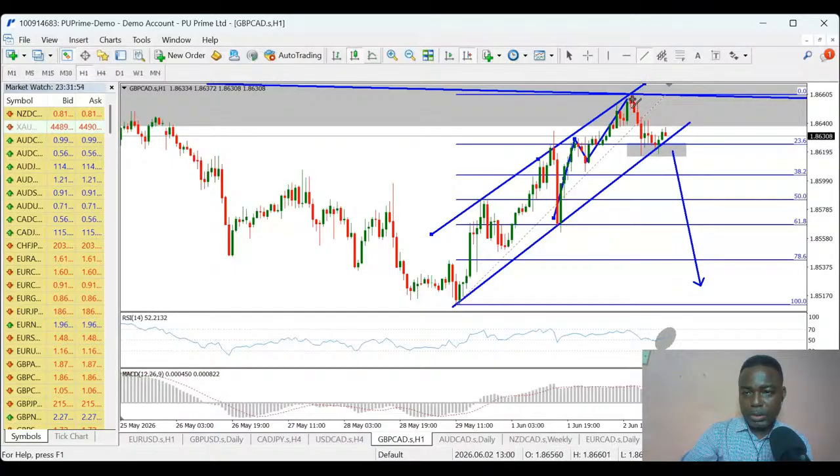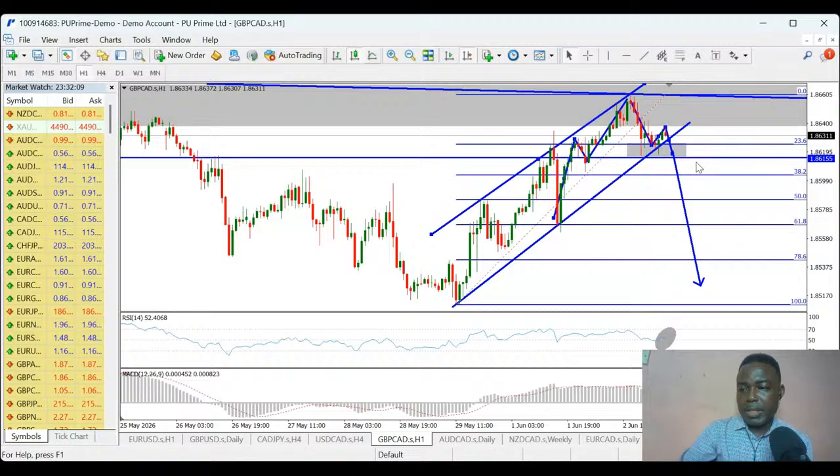That's a shoulder, a head, a possible second shoulder, and a breakout. It's still information, but if it forms like this, it's an additional confirmation to a bearish breakout. So we're looking at entry below this box. That's around 1.86155. That could be our projected entry.